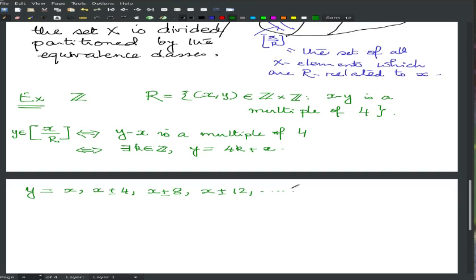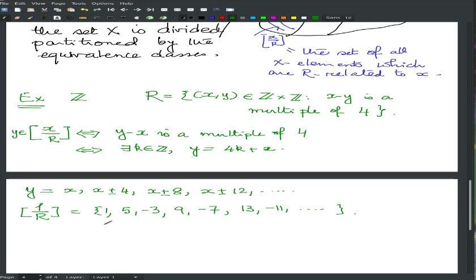Right? So for instance, 1 by r, this has 1, then it has 1 plus minus 4, so 5 and minus 3, 9 and minus 7, 13 and minus 11, and so on.